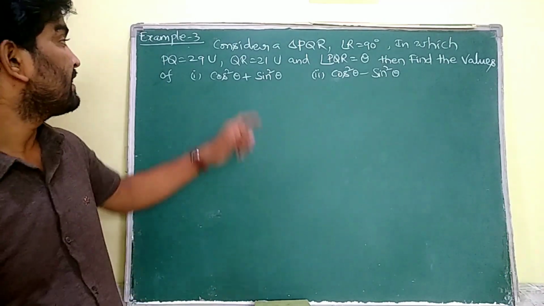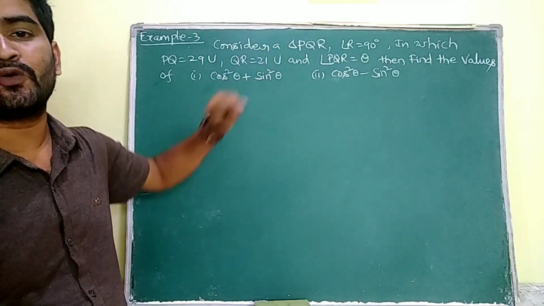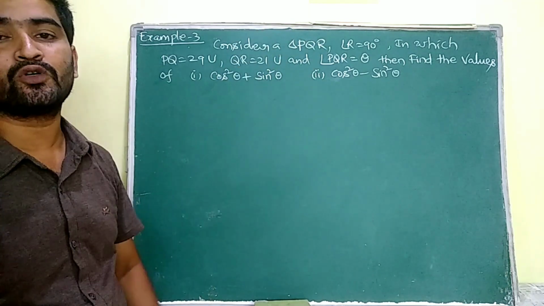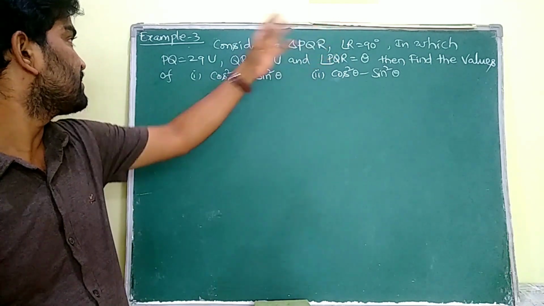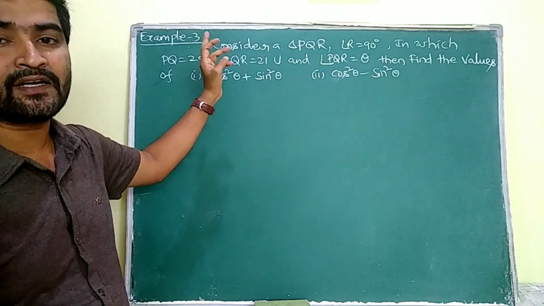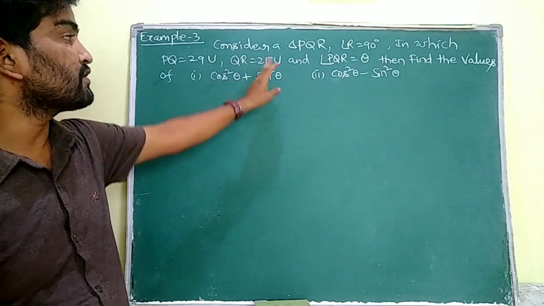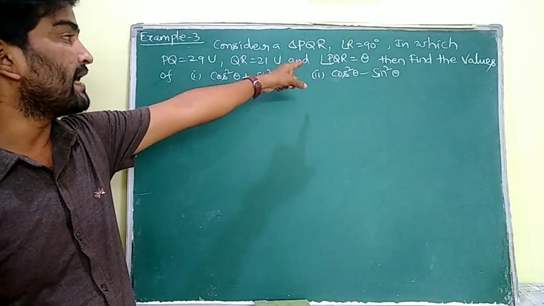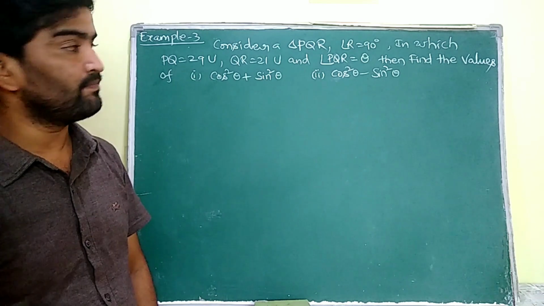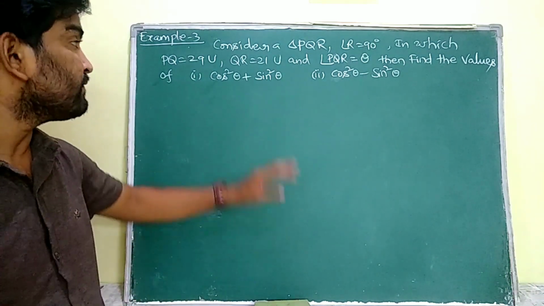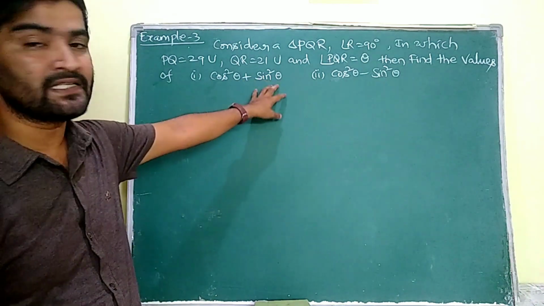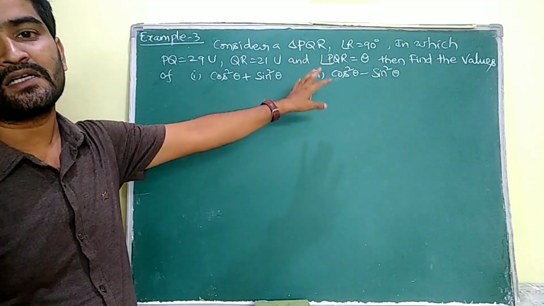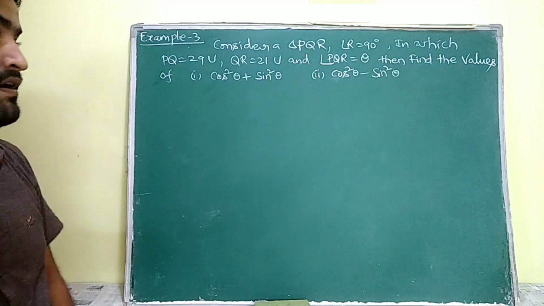Example 3. Consider a triangle PQR where angle R is equal to 90 degrees, in which PQ is equal to 29 units, QR is equal to 21 units, and angle PQR is equal to theta. Now he is asking you to find cos square theta plus sin square theta and cos square theta minus sin square theta.